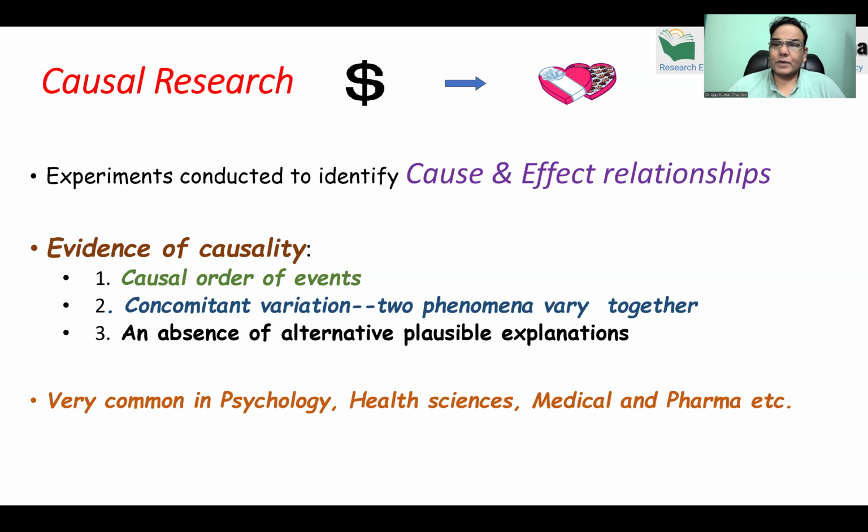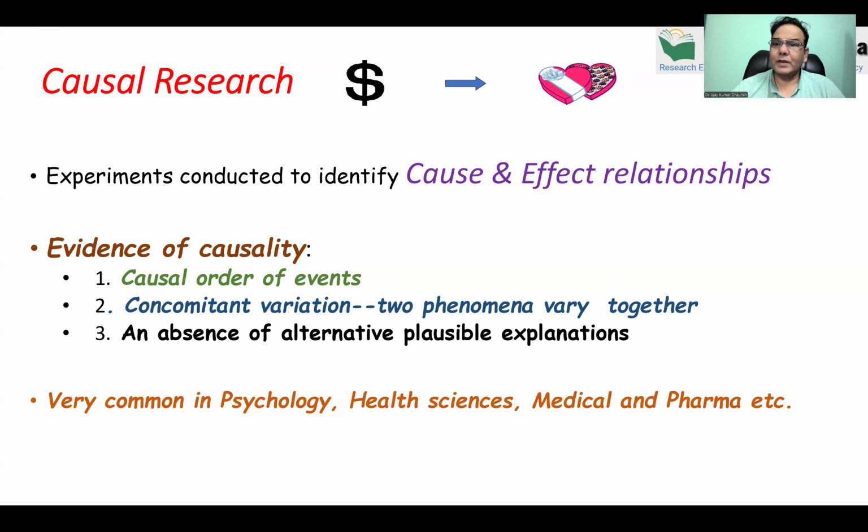So in an experiment, what are we going to do? What is the objective of these experiments? The objective is to establish the cause and effect relationship. Like in the case of a drug, the drug is the cause and improvement is the effect.